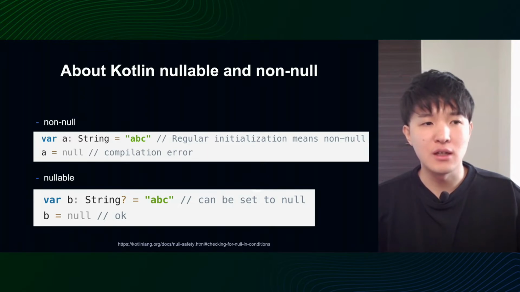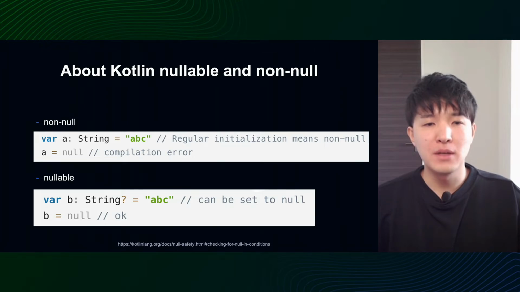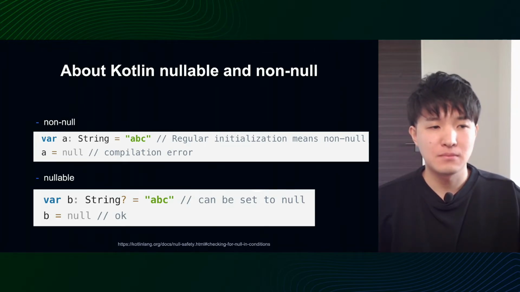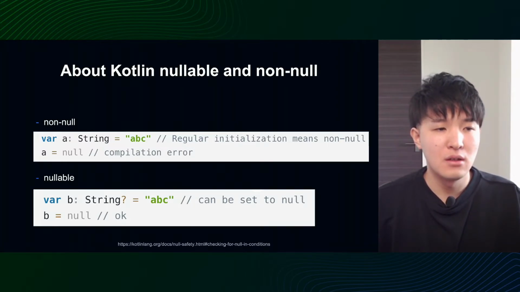Let me talk about nullables and non-nulls. A non-null, as you can see on the top, is a variable without a null. If you try and enter null, you get a compilation error. On the other hand, nullable allows null. Just like String question mark, you add a question mark to declare nullable.